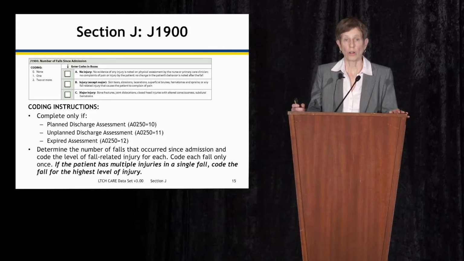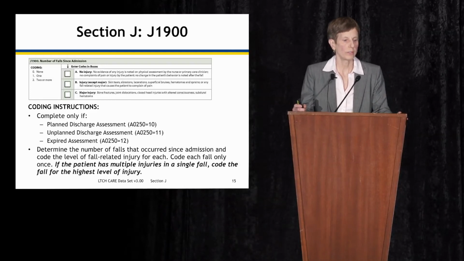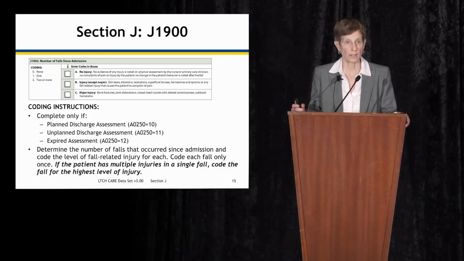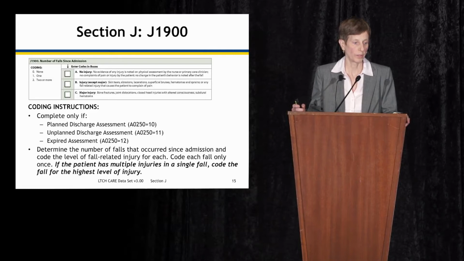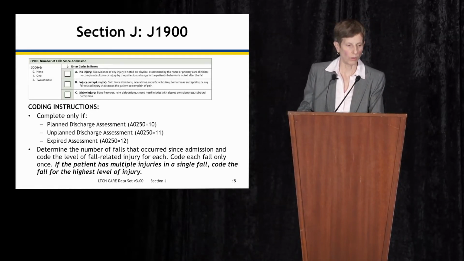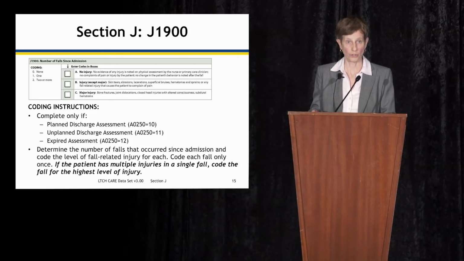Code each fall only once, and if the patient has multiple injuries in a single fall, code the fall for the highest level of injury. So this bolded italic line there is very important. If the patient has multiple injuries in a single fall, you're to code the fall for the highest level of injury.